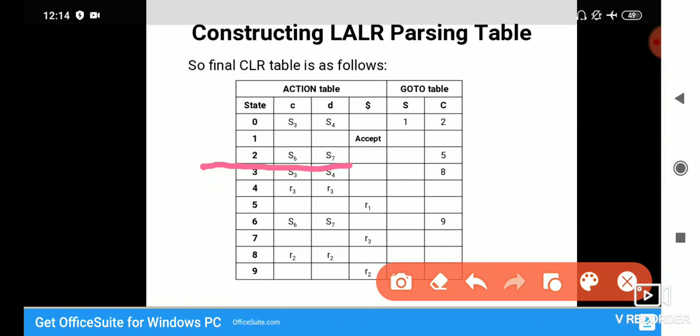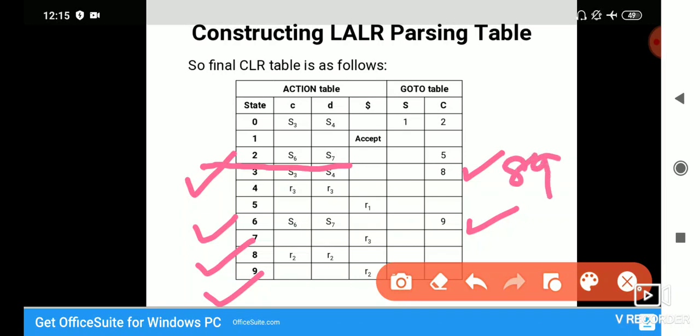Now when we are combining the 3 and 6 rows, in the GoTo table we observed that under the C column we have 8 and 9 written. So what will happen? 8 and 9 have been merged together. So in the 3 6th row, under the C column it will be written as 8 9.